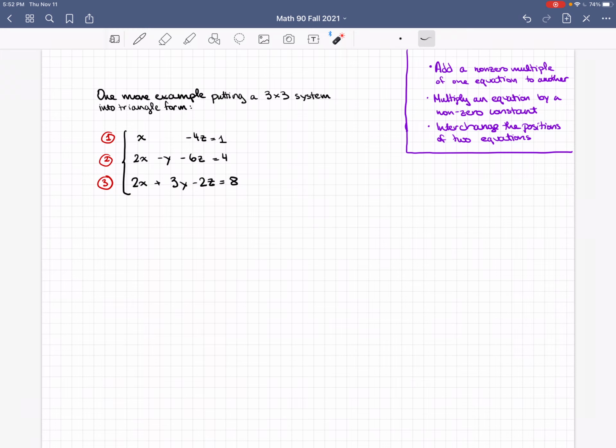So the fact that the first equation has no y term is neither here nor there. So I'm going to ignore the first equation for just a minute. I'll come back to it and figure out what to do with it later.